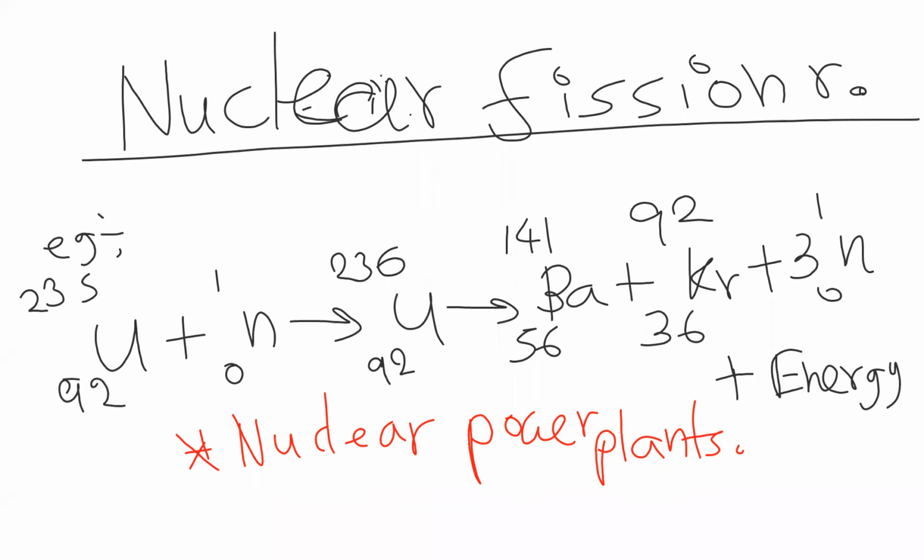If a particle has a charge, it will interact with the atom's electrons or protons. But neutrons have no charge, so they don't interact with the atom's charges.